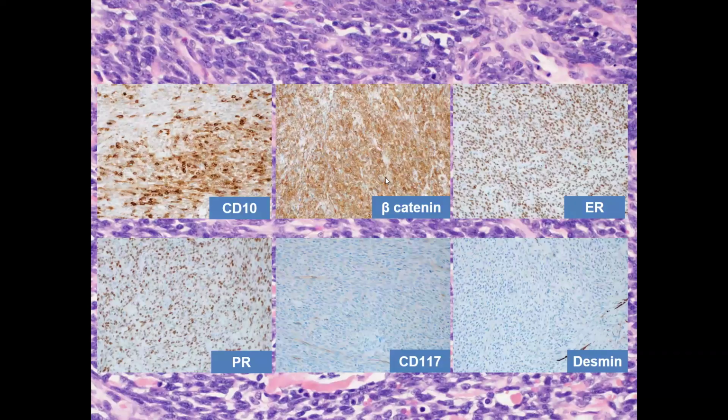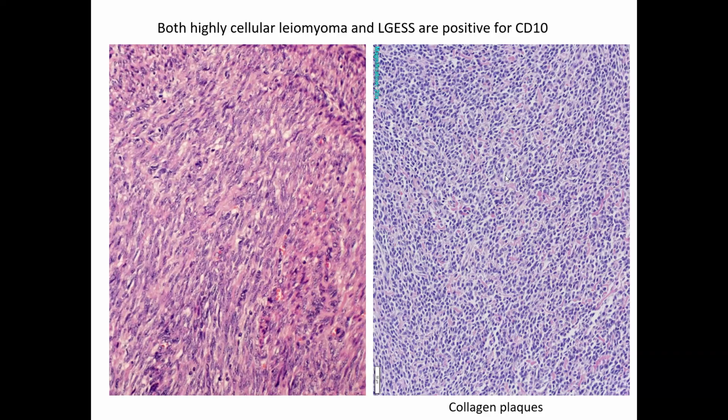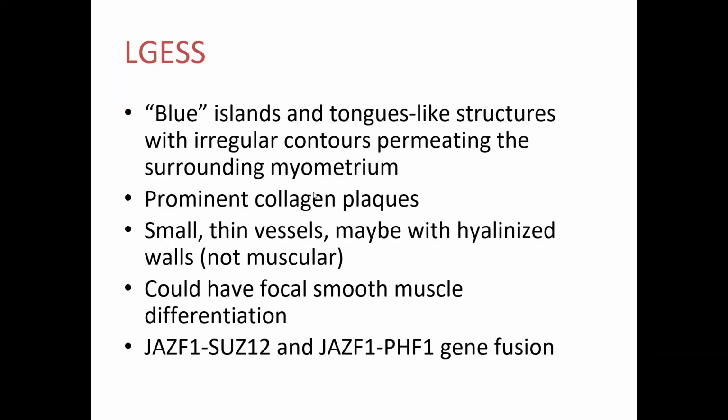Of course, if you want to do CD10, you can do CD10, but you want to be able to at least have a conviction in your head that I am dealing with ESS, not leiomyoma, even though they look very similar. But the collagen plaques are really helpful.